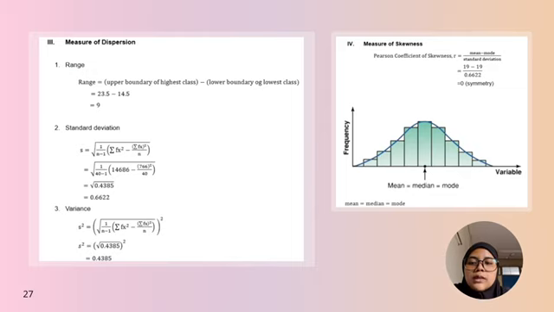So the final answer that we will get is 0. Since the value of skewness is 0, this means the distribution is symmetrical. In a symmetrical distribution, mean equals median equals mode. So this is the graph that we will get for the final answer of measure of skewness.